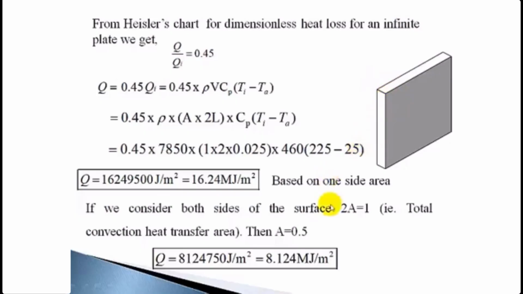For that, what is the heat? So putting A as 0.5, you will get 8.1, which is half of that. So that means, if you take per unit convection area, so much heat is lost. So this is the heat lost per meter square of surface area of the plate, whereas the other is the amount of heat removed per unit area considering only one side.